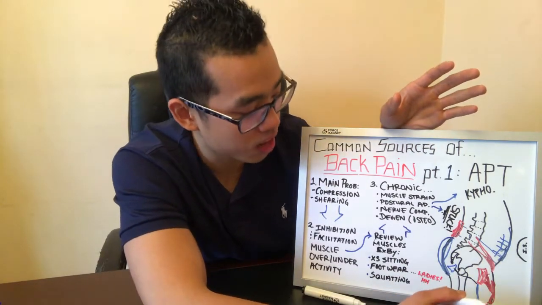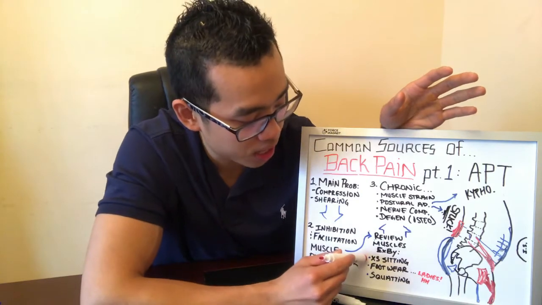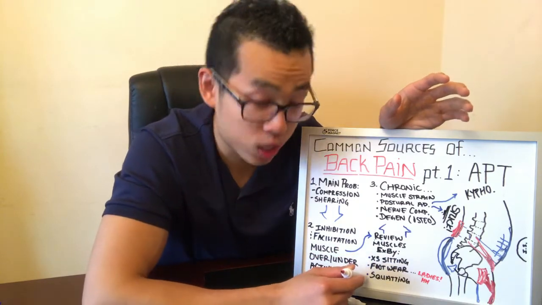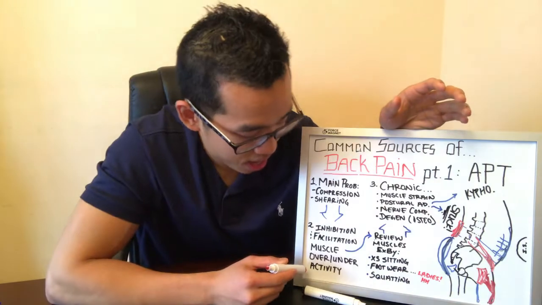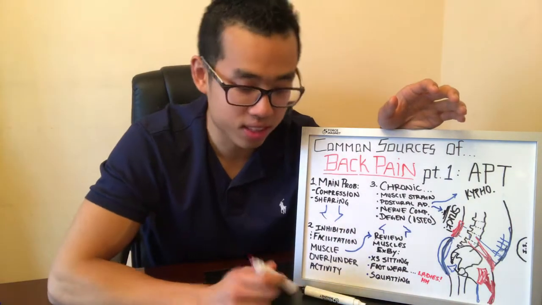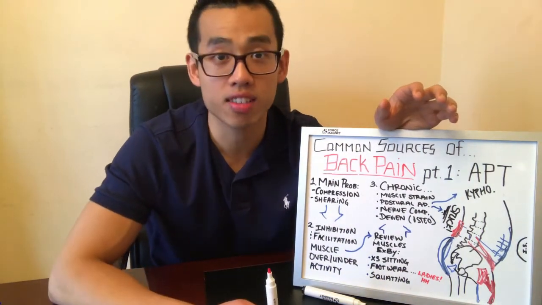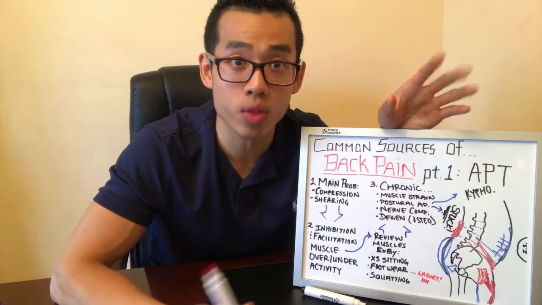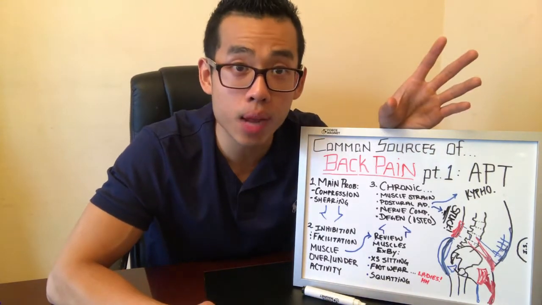All these could be cured if you paid attention to how much you were sitting, what you were wearing, if you're squatting heavily or not, and then addressing the underactive and tight muscles as well. And there you go. That is the common source of your back pain.